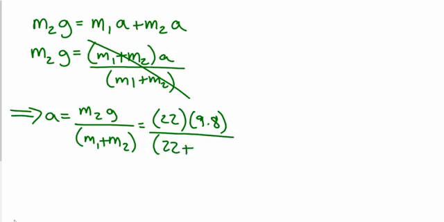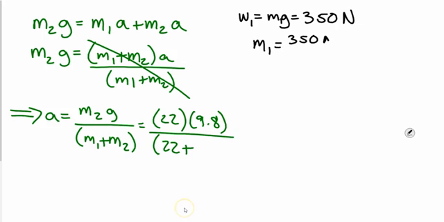Now here we just need to go back and calculate the mass of the first block. Well, the weight is given as 375 newtons. For some reason, when I did this, I did 350 newtons. The idea is still the same.